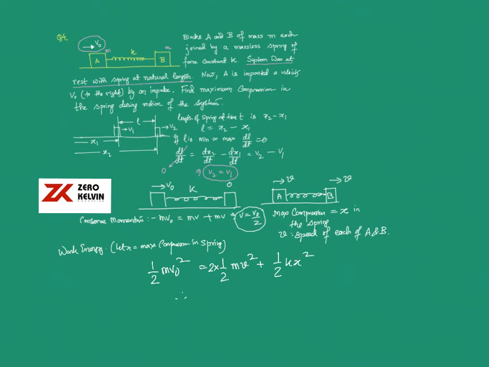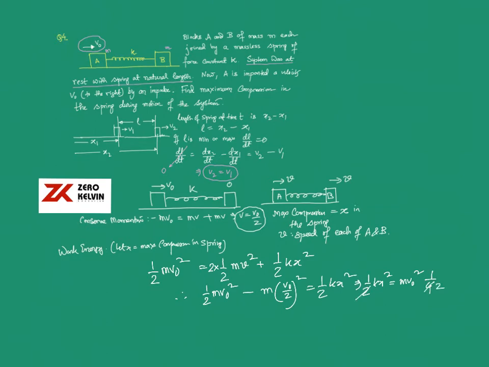So therefore we get half m v0 square minus m into v square, where v is v0 by 2, squared, is equal to half k x square. So half k x square is equal to m v0 square, half minus 1/4, that becomes 1/4 only.